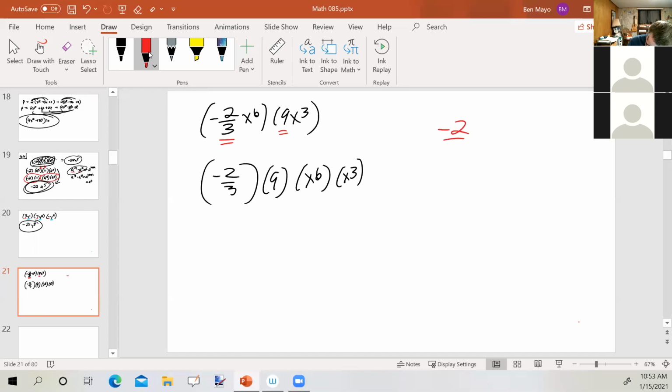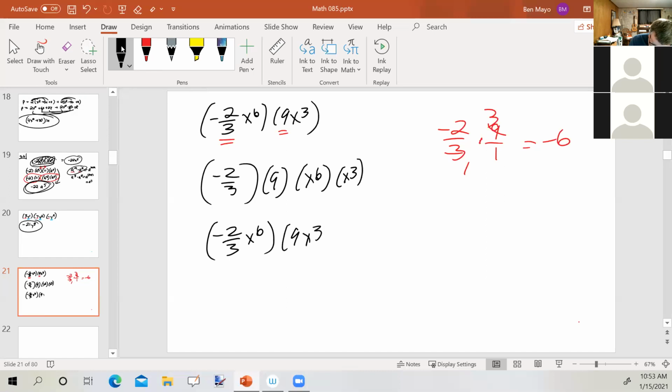But negative 2/3 times 9 is like negative 2/3 times 9 over 1. I could reduce that down to 3 over 1 and make that whole thing into negative 6. We okay there? So basically, from here that becomes 3 over 1. Negative 2 times 3 is negative 6, and then I've got x to the what? 6 plus 3 is 9.